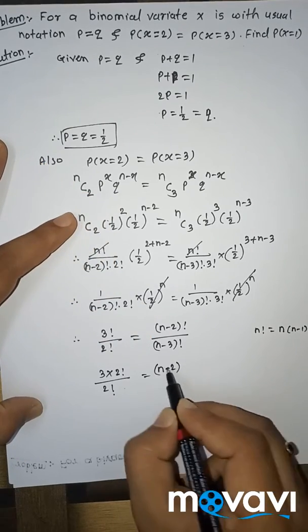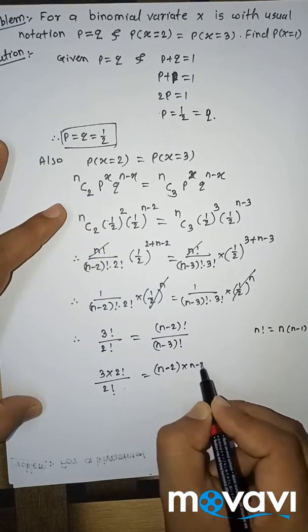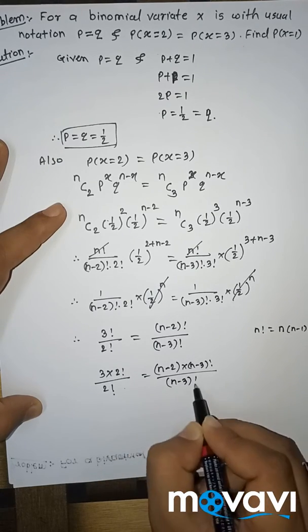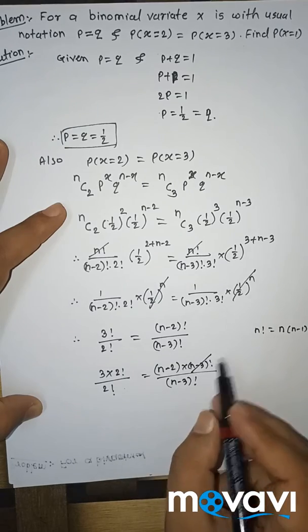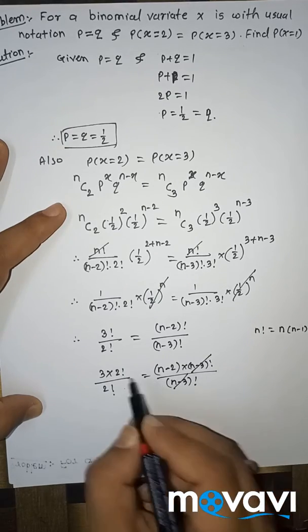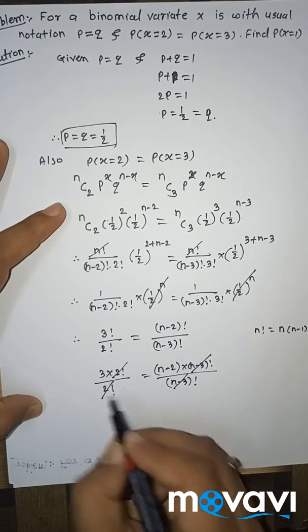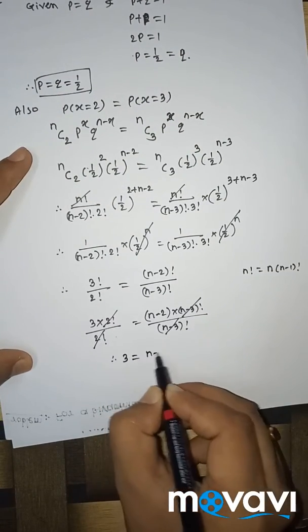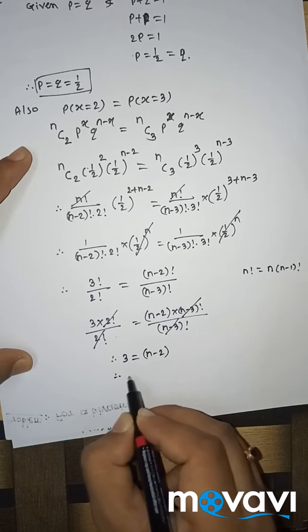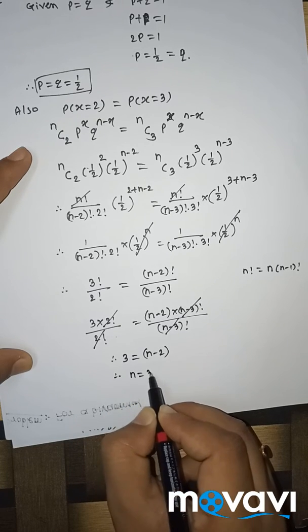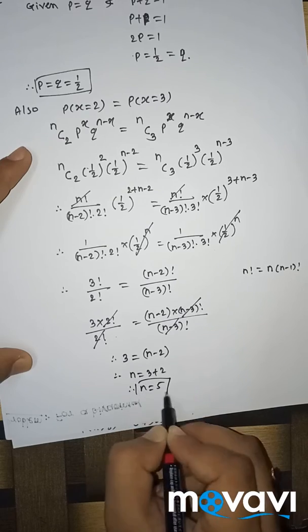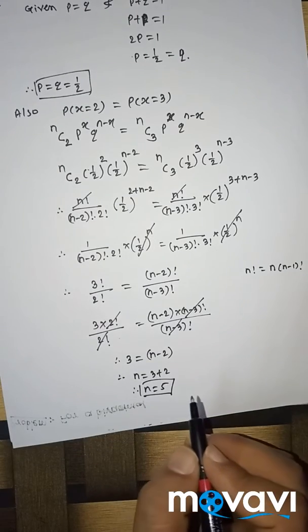We can write it as n minus 2 into n minus 3 factorial upon n minus 3 factorial. This n minus 3 factorial is cancelled with this n minus 3 factorial. This 2 factorial is cancelled with this 2 factorial. Therefore, 3 is equal to n minus 2, or we can write this as n is 3 plus 2, means value of n is 5. Value of n is 5.